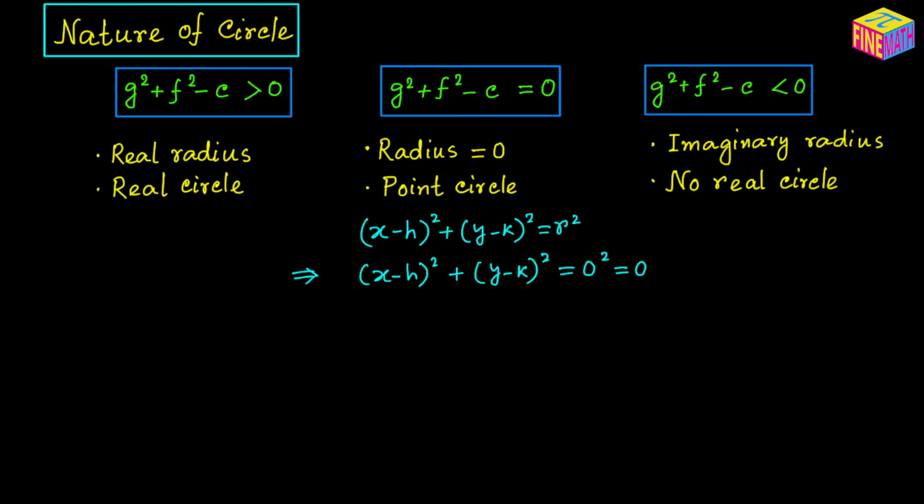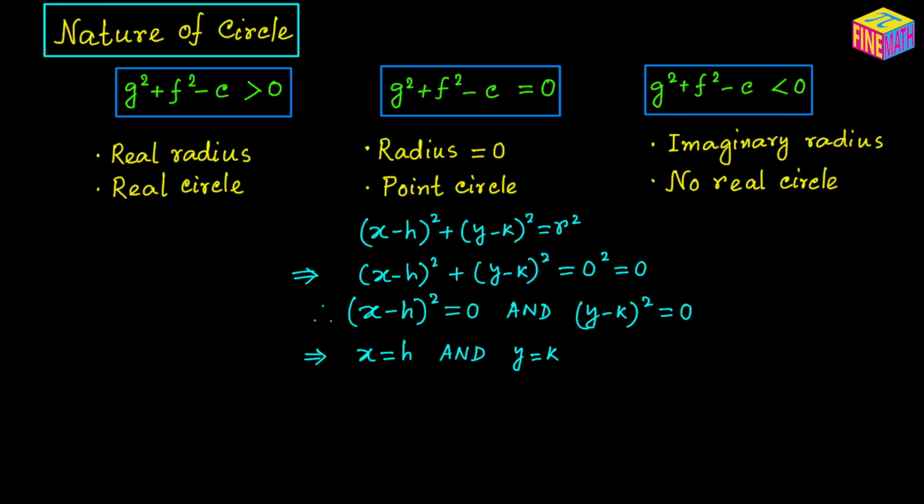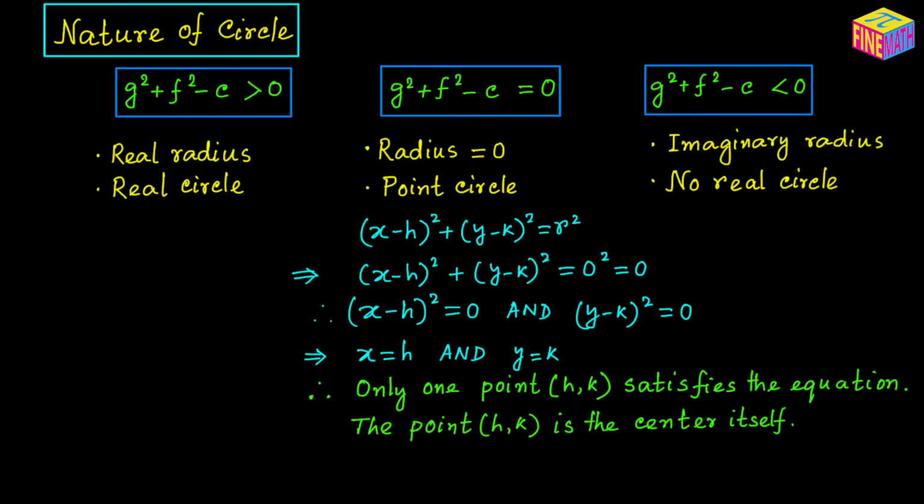So from here we can say x minus h whole squared is equal to 0 and y minus k whole squared is equal to 0. And from here what do we get? Well, obviously x minus h will be equal to 0 and y minus k will be equal to 0, and that definitely means x is equal to h and y is equal to k. That means there is only one point that satisfies the equation of the circle, and that point is actually the center of the circle.